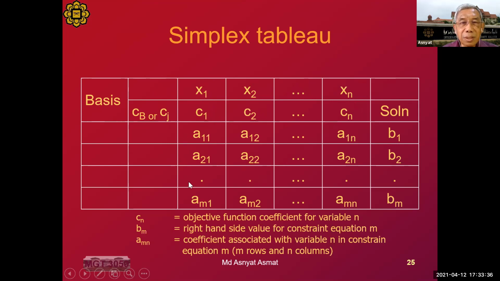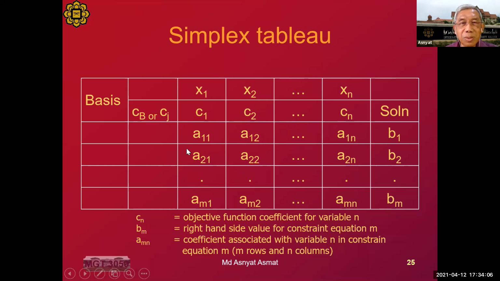And then somewhere inside here, this one, we call it A matrix. This represents the coefficient of the constraint equations. A row 1, column 1, A row 1, column 2, A row 1, column n, A row number 2, column 1, A row number 2, column 2.